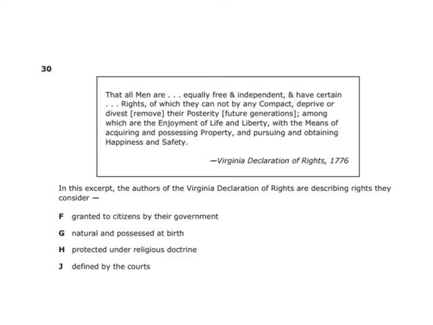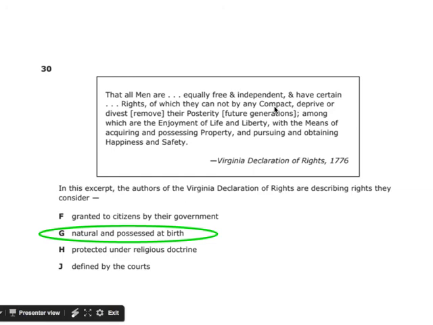In this excerpt, the authors of the Virginia Declaration of Rights are describing rights they consider natural and possessed at birth. This is a lot like, and inspired, in fact, the Declaration of Independence.